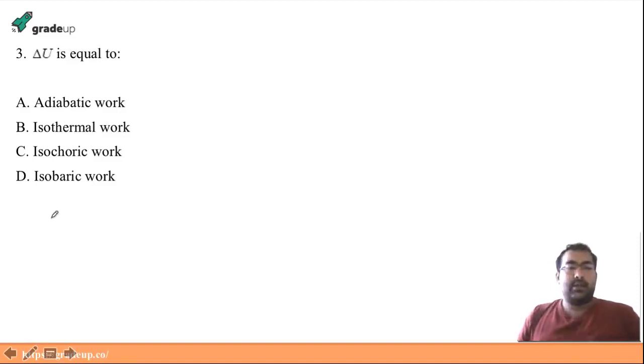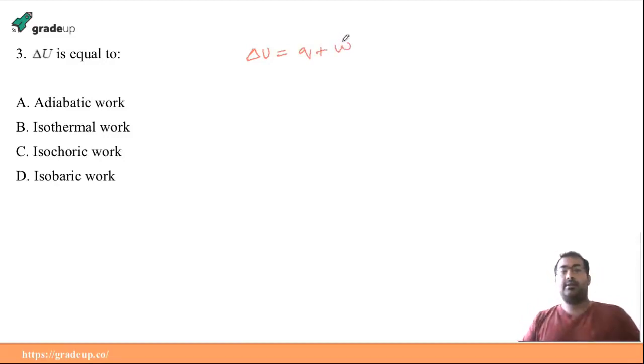Okay, so let's move on to the next question. Delta U is equal to what? Delta U is equal to Q plus W. This is what the first law of thermodynamics tells you. Now it is telling delta U is equal to adiabatic work.